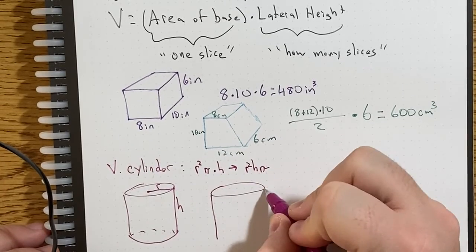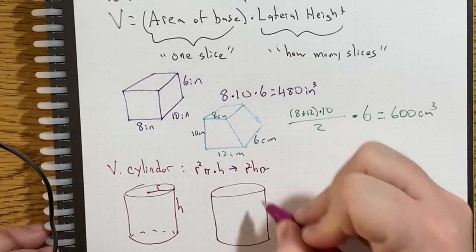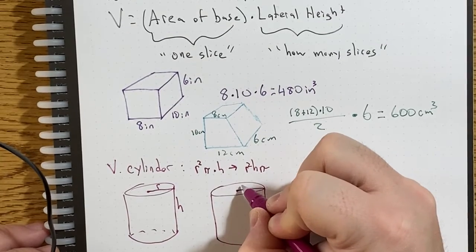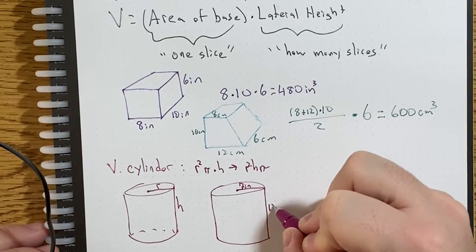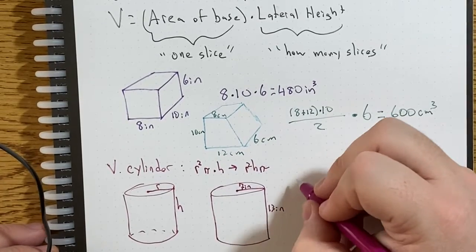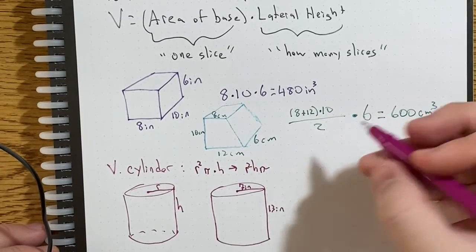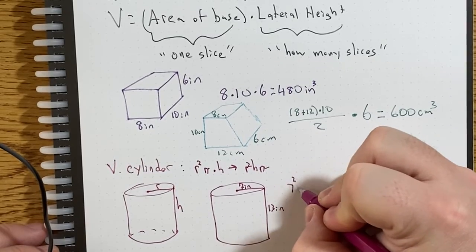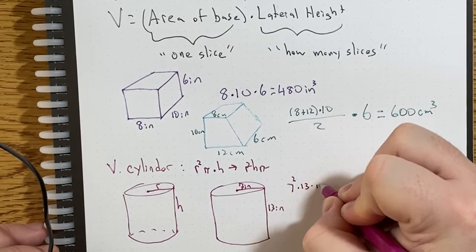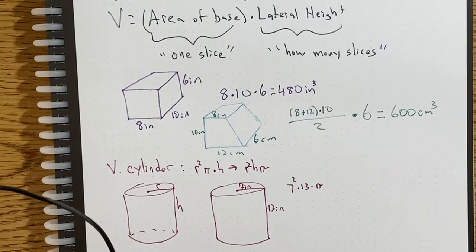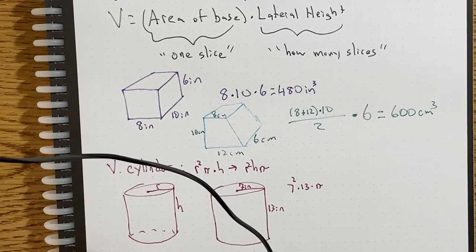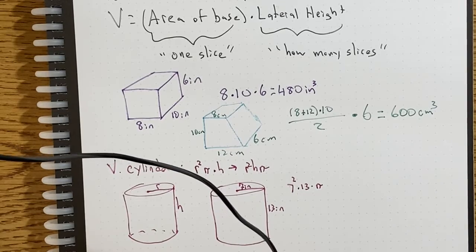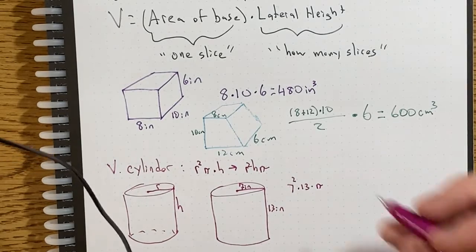So if I gave you a cylinder that looked like this and said this is 7 inches and this is 13 inches, in a calculator you would simply just put 7 squared times 13 times pi. And that's going to give you something that I have no idea of because I do not know what 49 times 13 is.